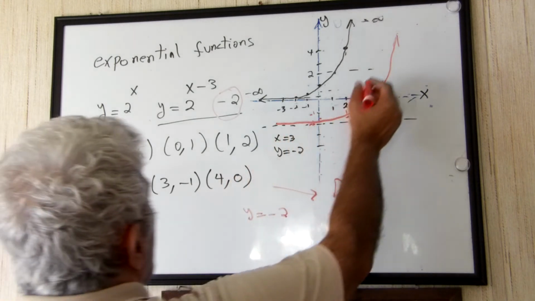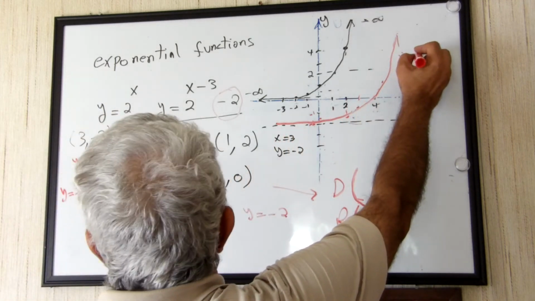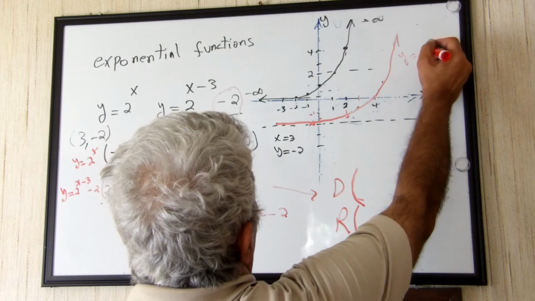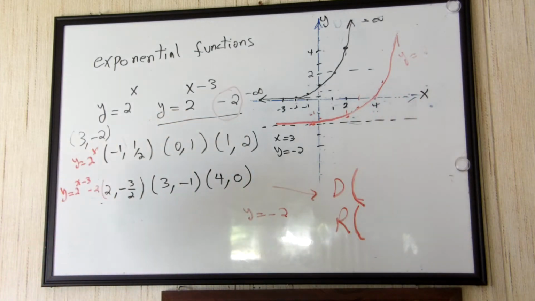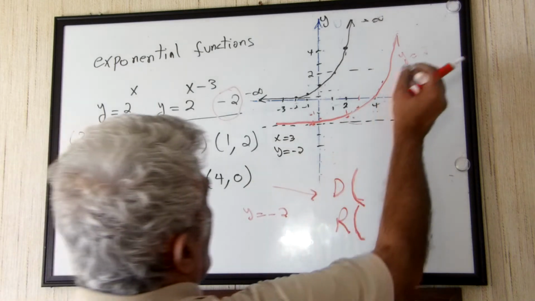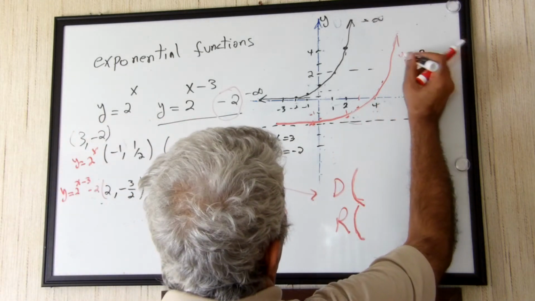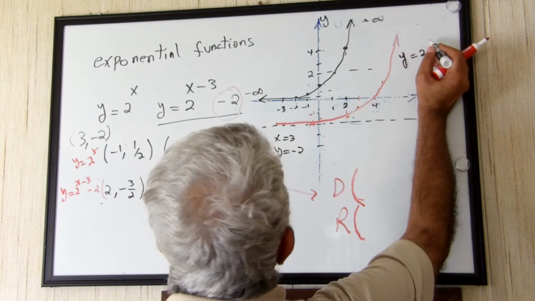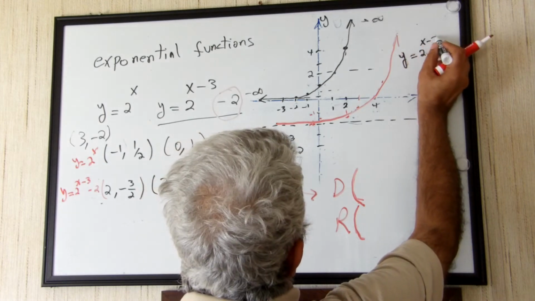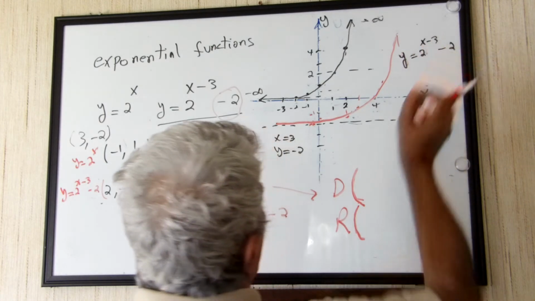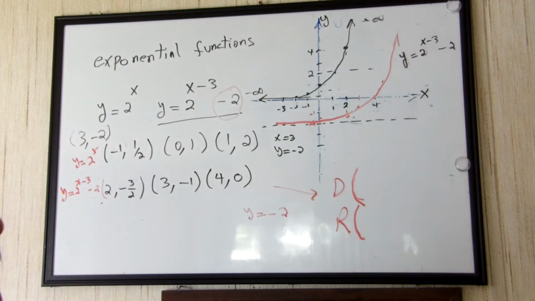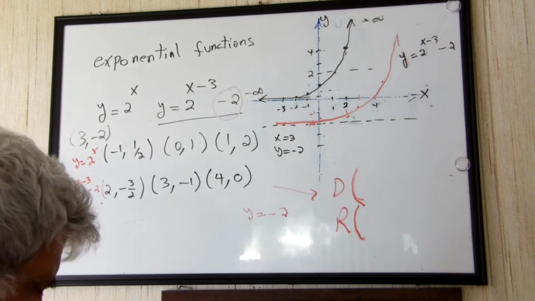This is y is equal to 2 to the power of x minus 3 minus 2. We don't have to give value to x every time and find the y value, and transforming it is a little bit easier.